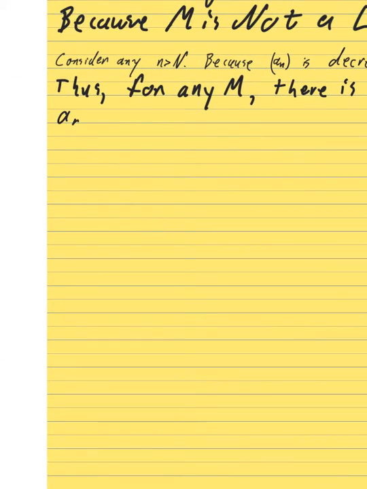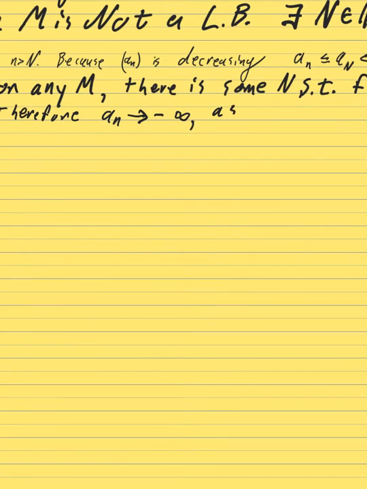We concluded that A sub n is less than M. That's exactly the definition of what it means to diverge to infinity. Therefore, A sub n, sorry, I said infinity when I meant the opposite. A sub n diverges to minus infinity, as we claimed.